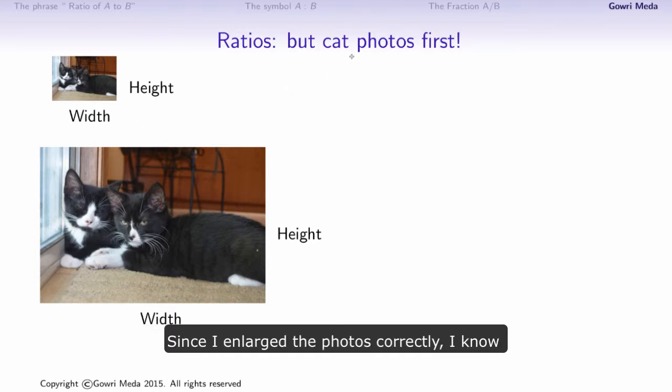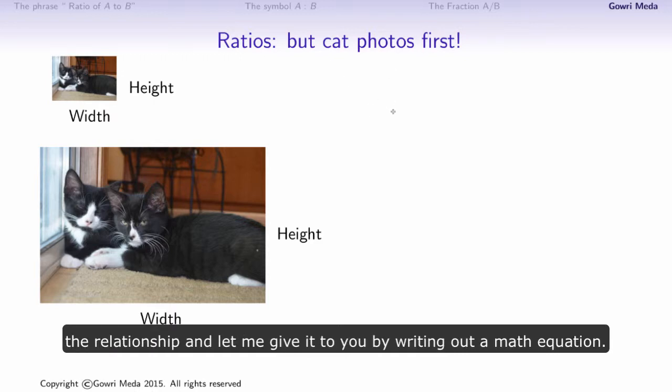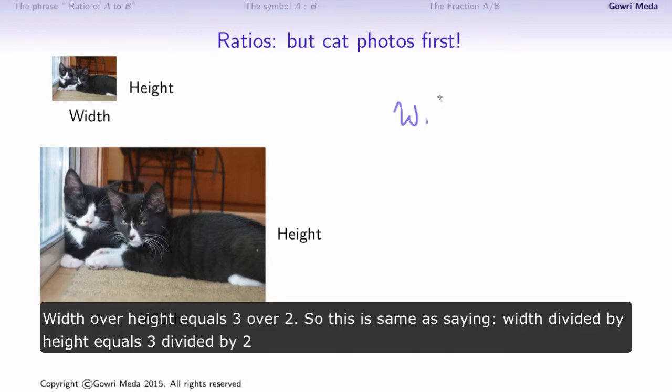Since I enlarged the photos correctly, I know the relationship, and let me give it to you by writing out a math equation. Width over height equals 3/2.